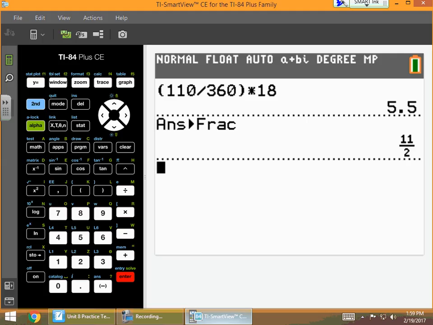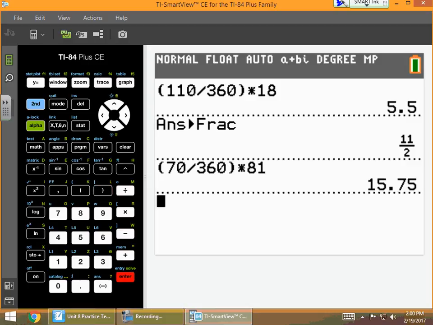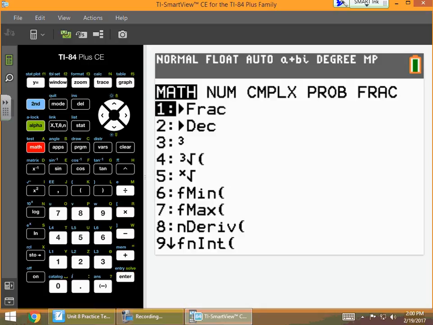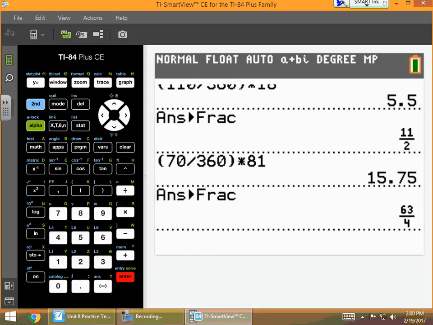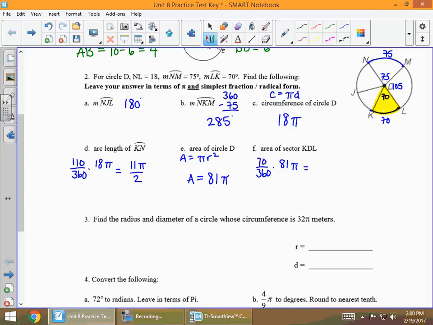All right, back to my calculator. 70 out of 360, and I'll multiply that by 81 pi. I won't put the pi in yet. Let me get my decimal and then math. Enter, enter. And it's 63 over 4. So 63 pi over 4 for my final answer.